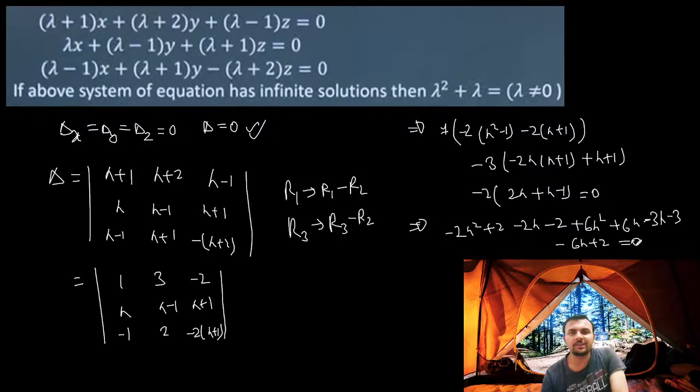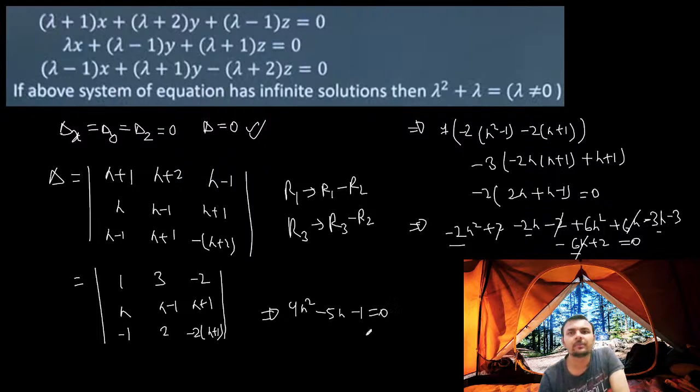So we will first see what is happening. It is 4 lambda square, 6 lambda cancels, we get minus 5 lambda, the 2 and 2 cancel, it is minus 1 equal to 0.